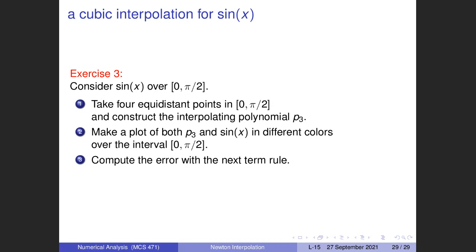So it's called Newton interpolation, the same Newton as Newton's method, because you can see this as an iterative procedure. So you can pick more and more points until you see that the next term rule, so your last divided difference, is small enough.